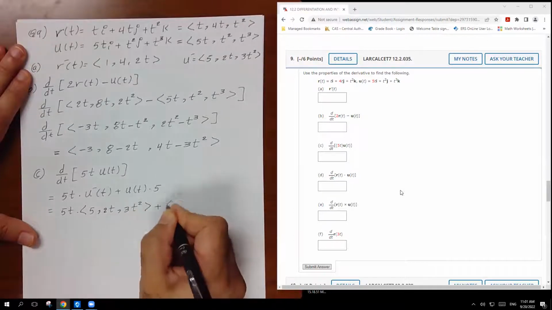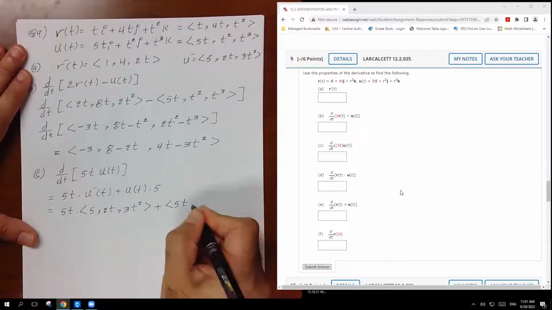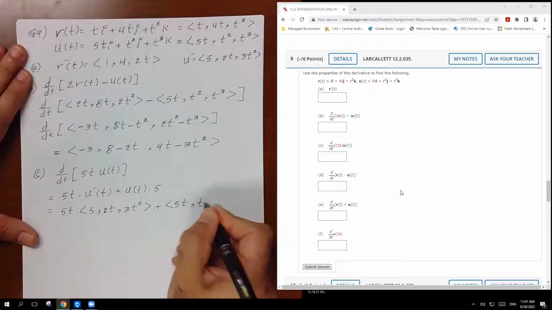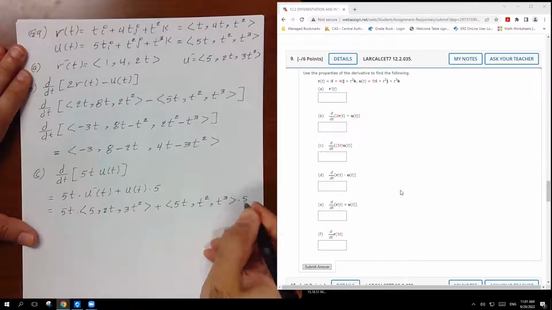Plus u of t, which is 5t, t squared, and t cubed, times 5.